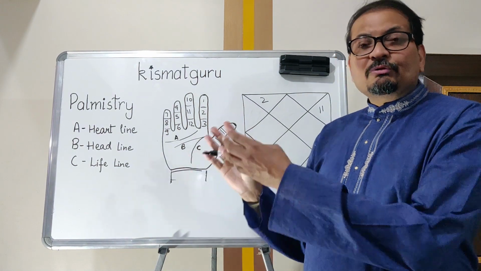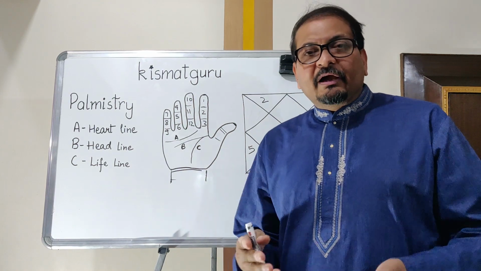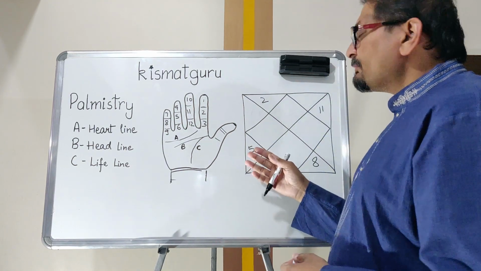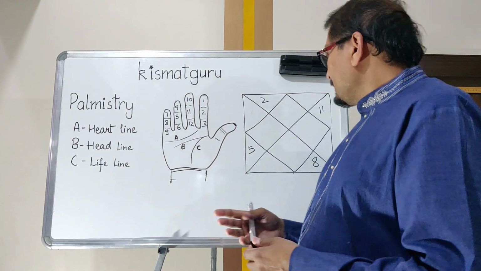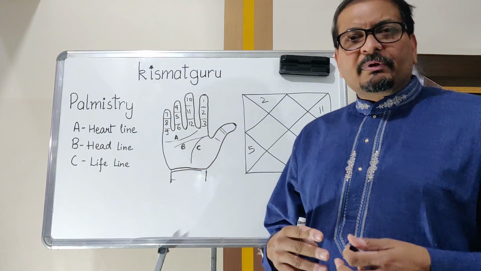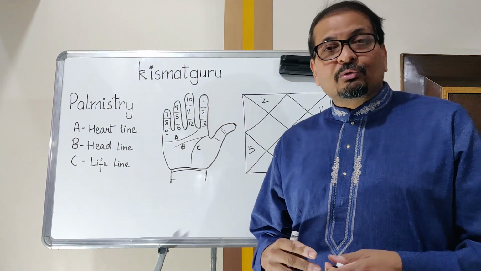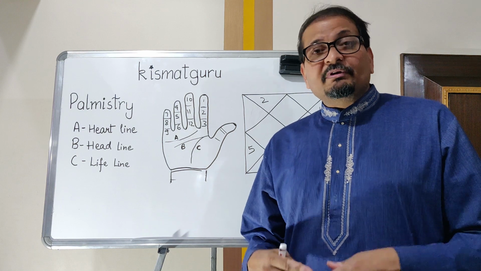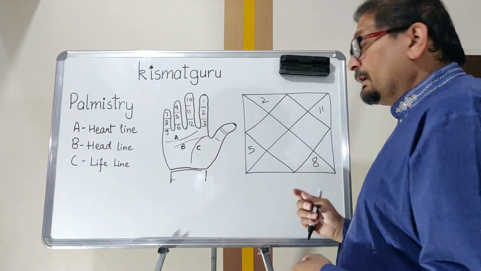Now, what are those? House number 2 is basically our accumulated wealth. House number 5 is our imagination and creativity. House number 8 has many other attributes, but house number 8 is also unearned money which we inherit from our parents or grandparents. So it is unearned money.